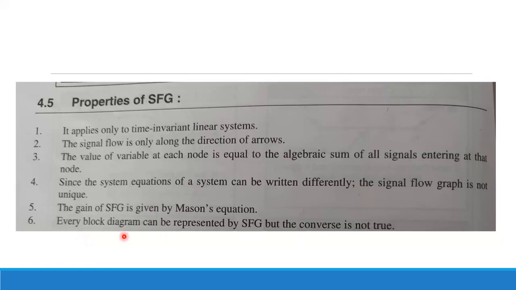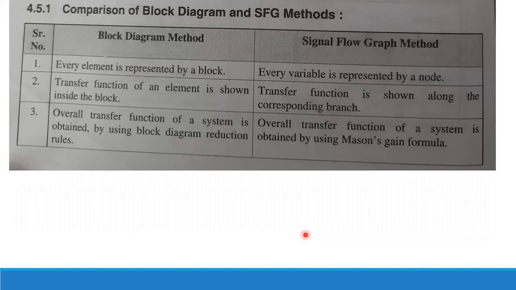Every block diagram can be represented by a signal flow graph, but it is not possible to convert every signal flow graph into a block diagram. The converse is not true. There is some comparison between block diagram and signal flow graph methods. In the block diagram, every element is represented by a block.